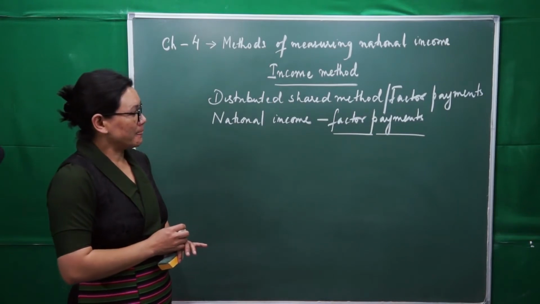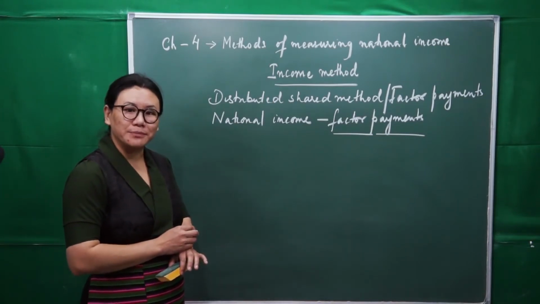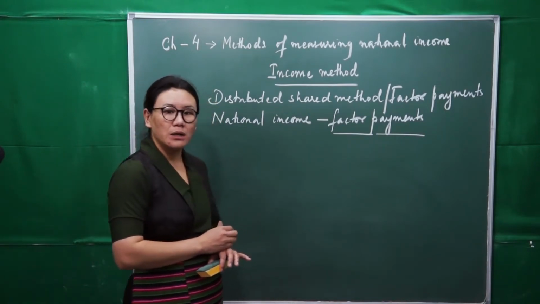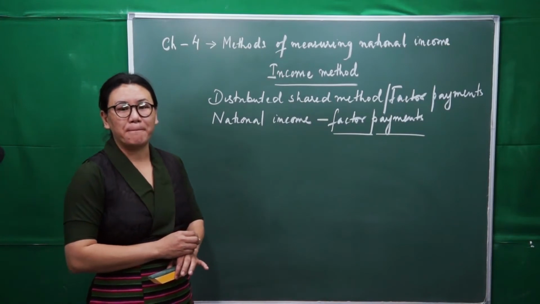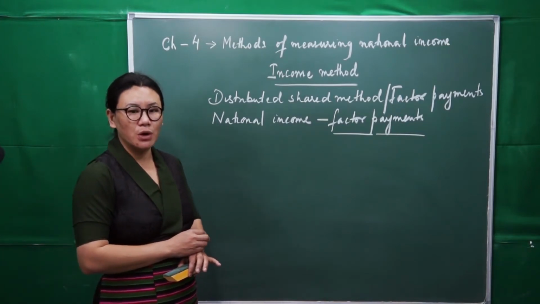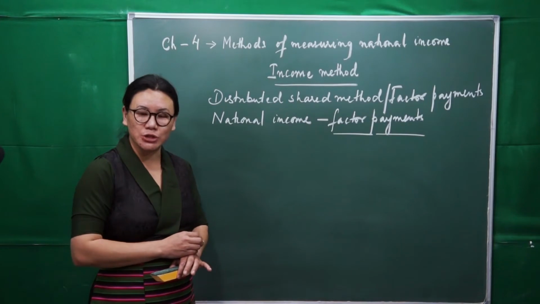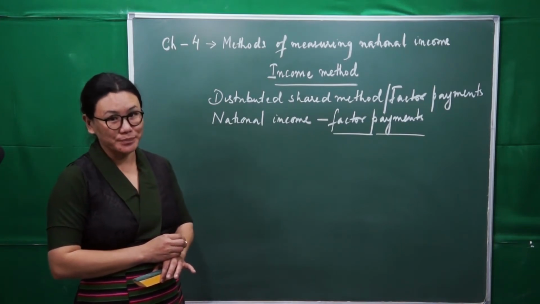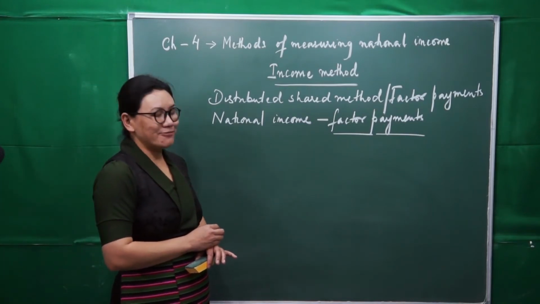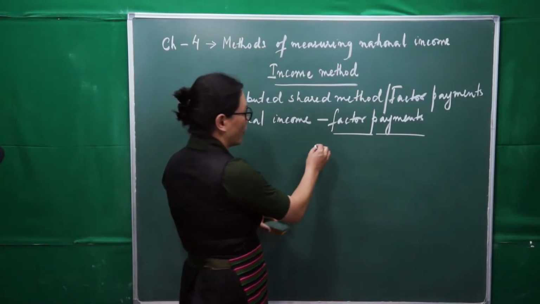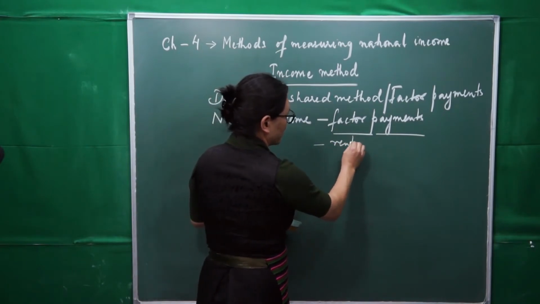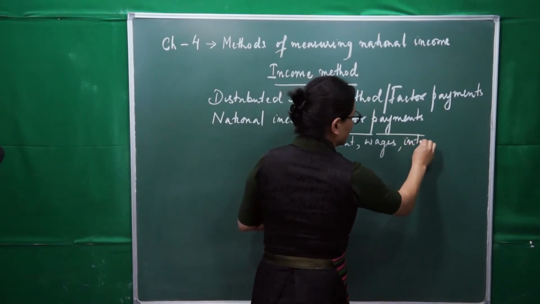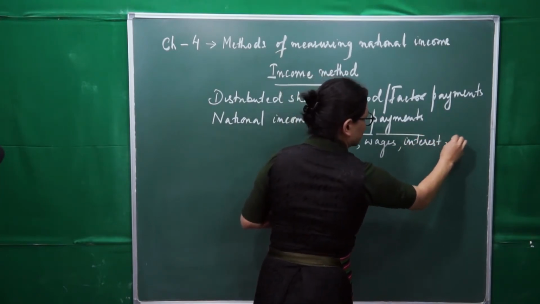Okay. Now, what are factor payments? As I said before, factor payments are the payments made by the producer to owners of factors of production for rendering their factor services, right? Now, these factor payments are in the form of rent, wages, interest, and profit.